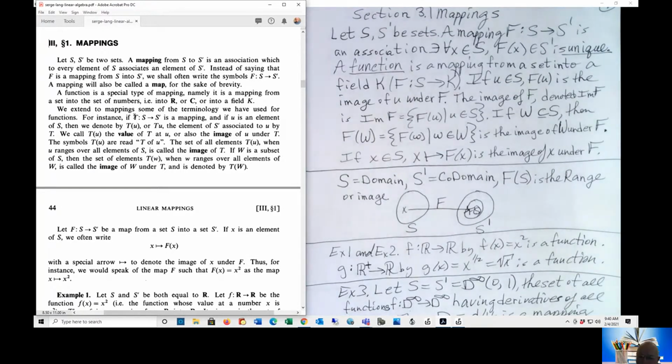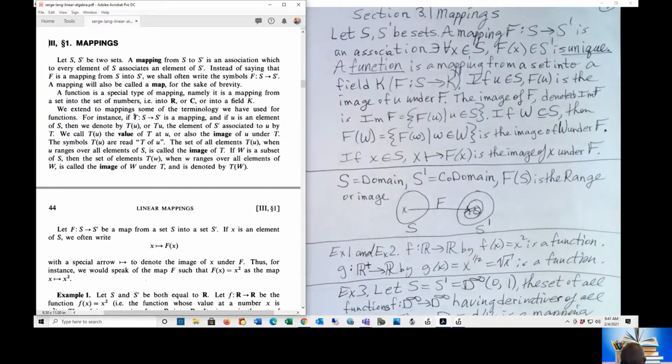The image of f, denoted Im f, is simply the set of all images, f of u, where u is in S. And if W is a subset of S, then f of W is simply the set of all images, f of w, where w is in W. It's the image of W under f.